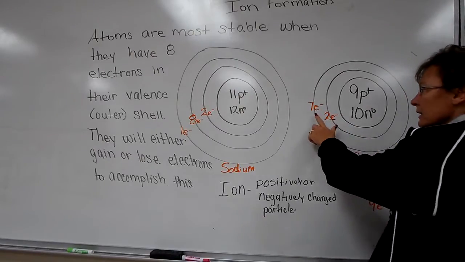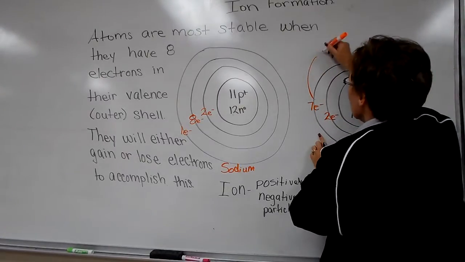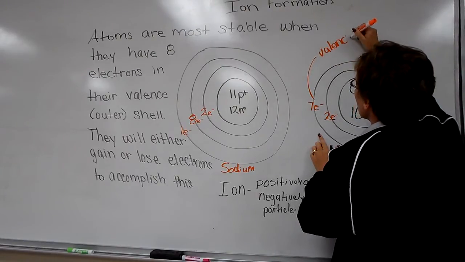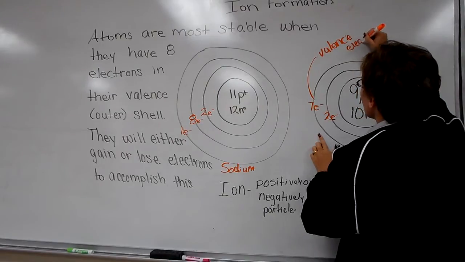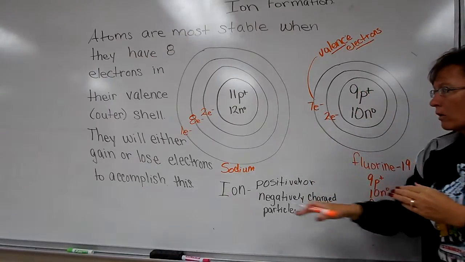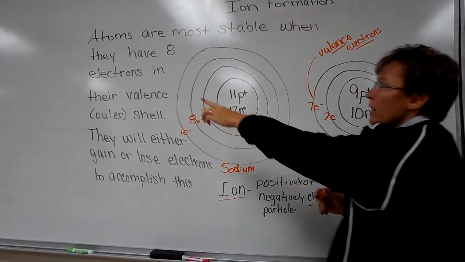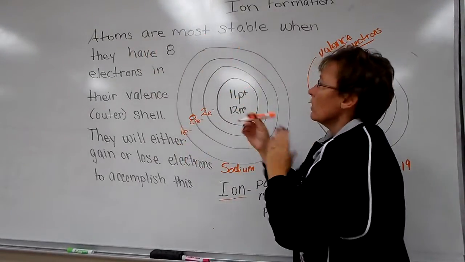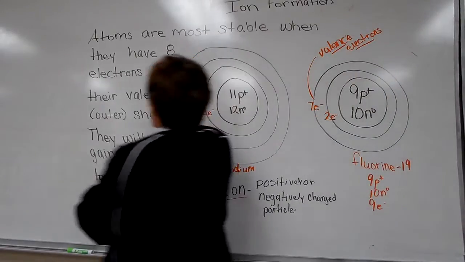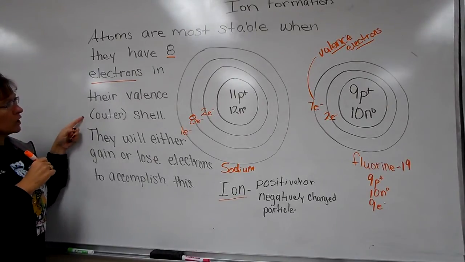Remember that these 7 electrons in the outermost energy level have a special name. These are called the valence electrons. Now, when these ions form, what we have to remember is that atoms are most stable when they have 8 electrons in their valence or outer shell.